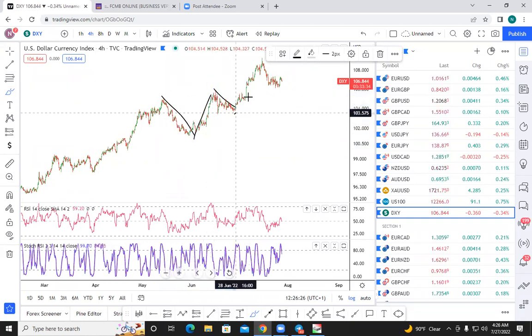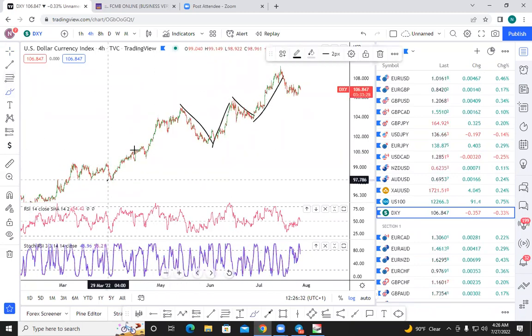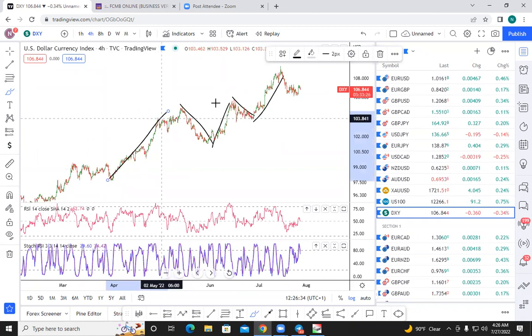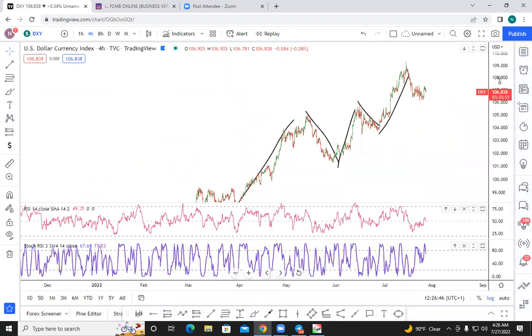You notice that this push here is bigger in size than the push you have here and this one here. So that is a clear demonstration that the move to the upside is no longer there.